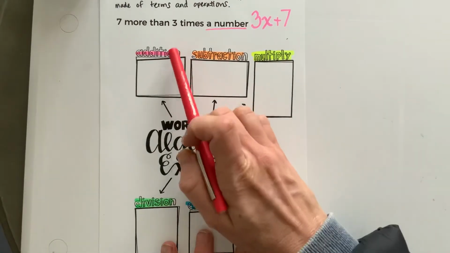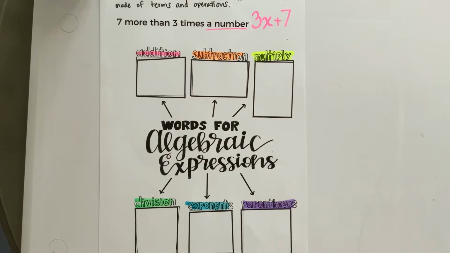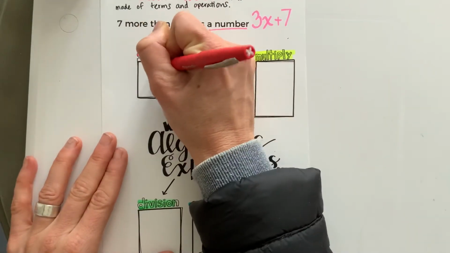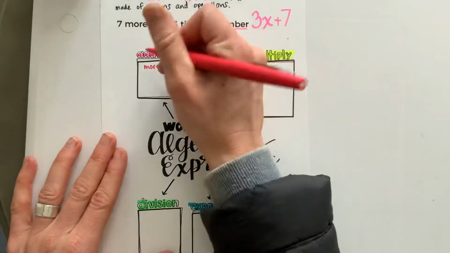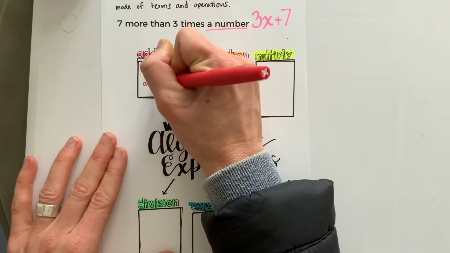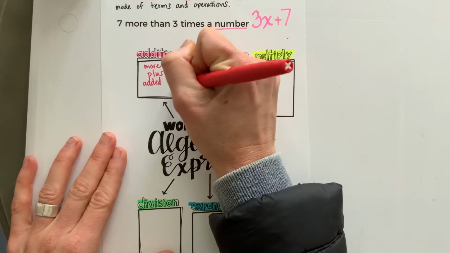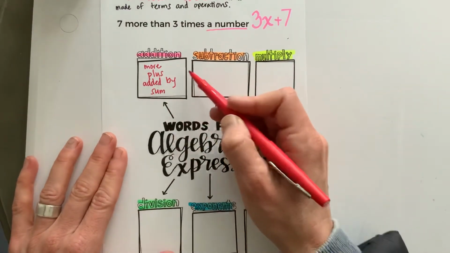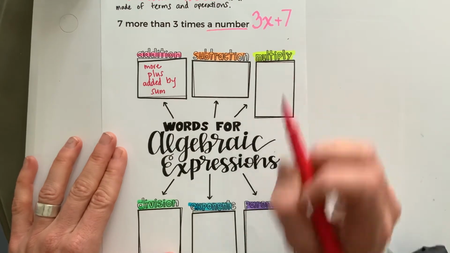So we can put as the clue words for addition, more or more than, plus, added by, or maybe we're going to use the mathematical vocabulary of sum. So these are all indicators of when you would use addition.